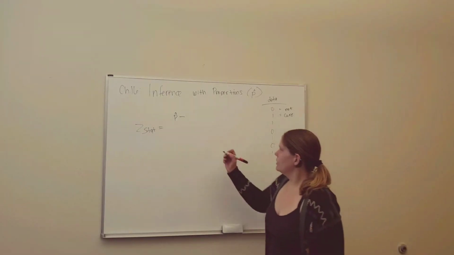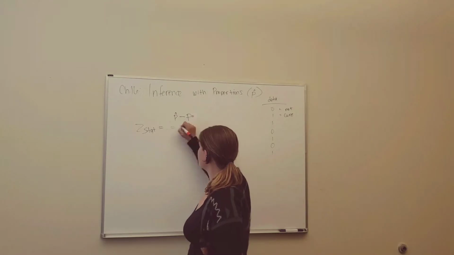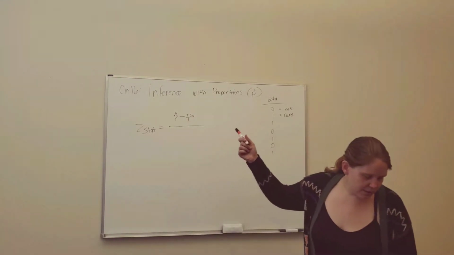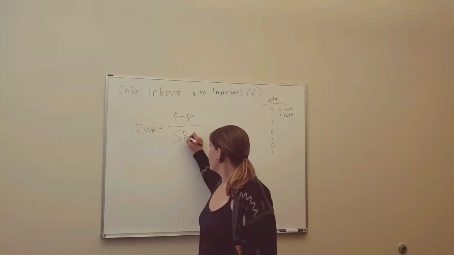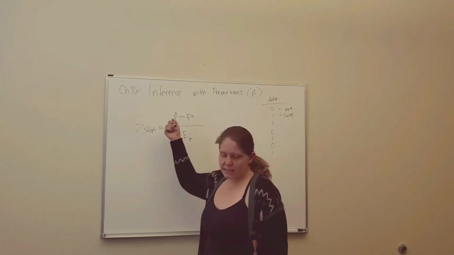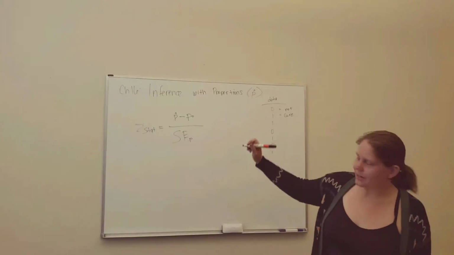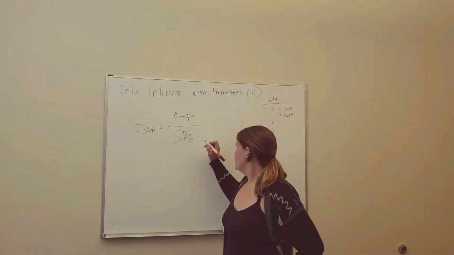To calculate it, just a quick explanation in case you missed some of that information: the z statistic is calculated with the sample proportion, so the proportion you've actually seen in your data set.